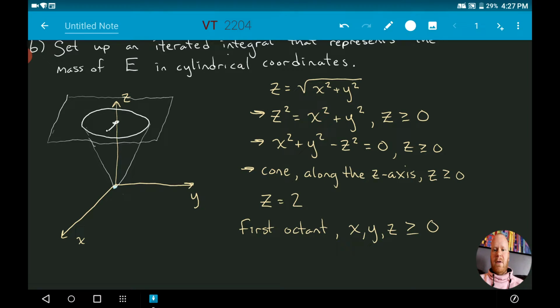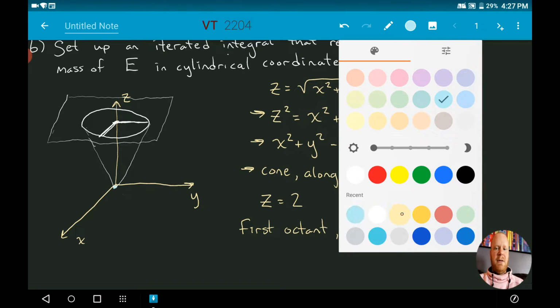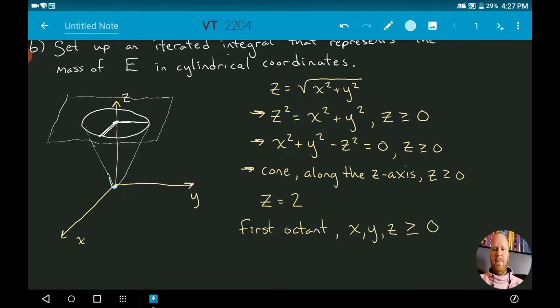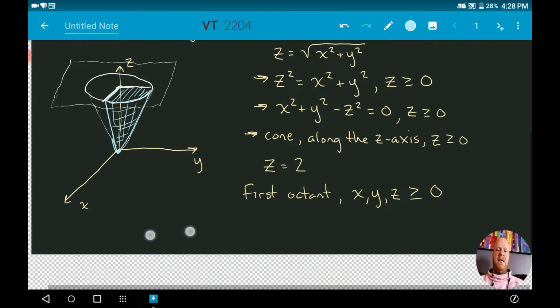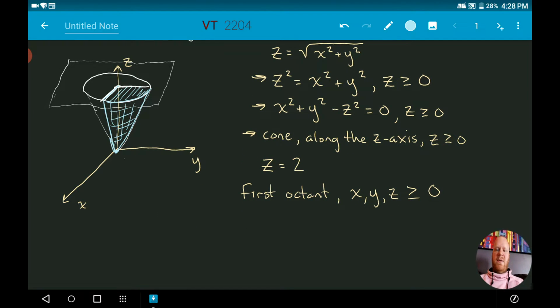So we're going to kind of cut off 3/4 of this cone so that we're only looking at this piece here, and I'll shade that in sort of a blue shade. Right, so we're only looking at this quarter of the cone that's in the positive x and positive y section there. So that's my sketch.